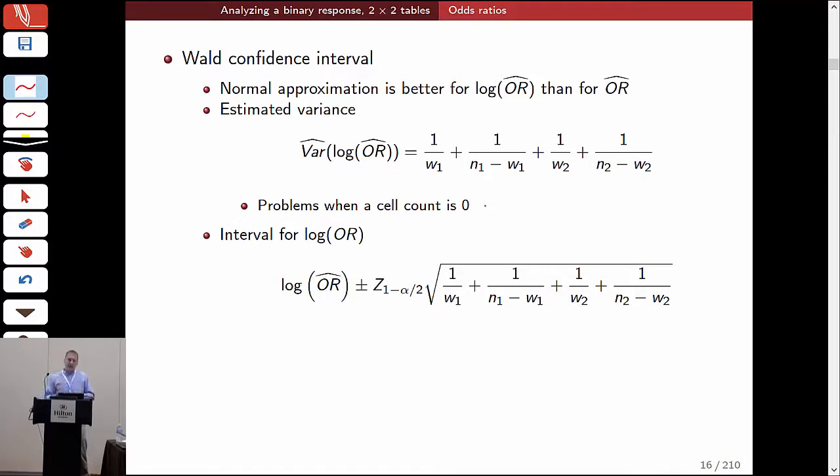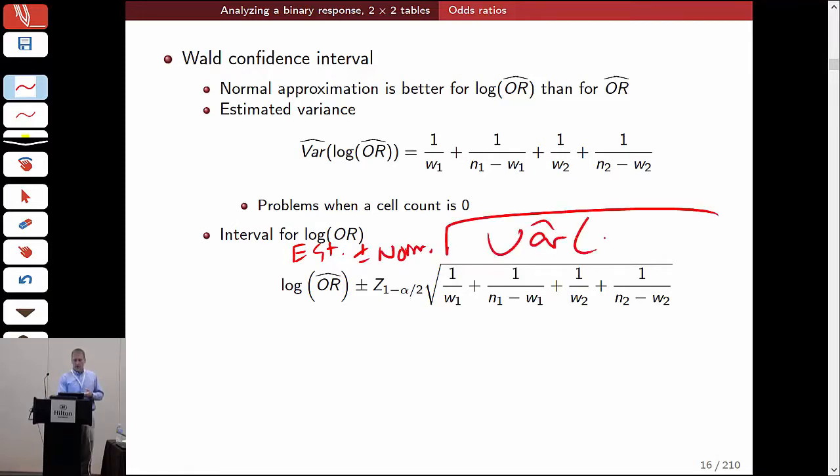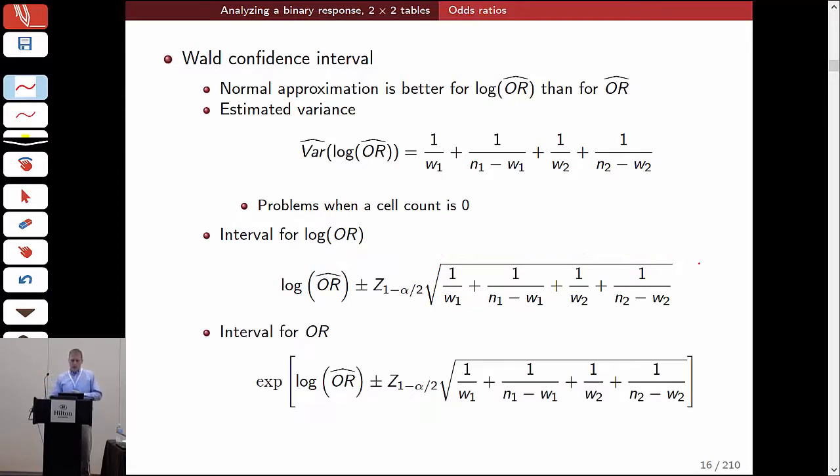So that then an interval for the log odds ratio comes about through using the estimator. So the log of the estimated odds ratio plus or minus that value from the normal times the square root of the estimated variance of the estimator. To get this back to an odds ratio numerical scale, well, just apply the exponential function.